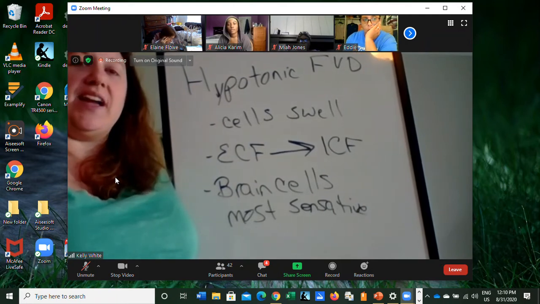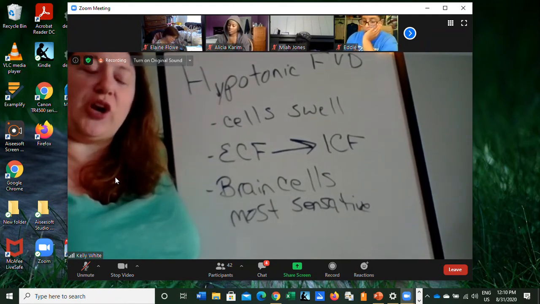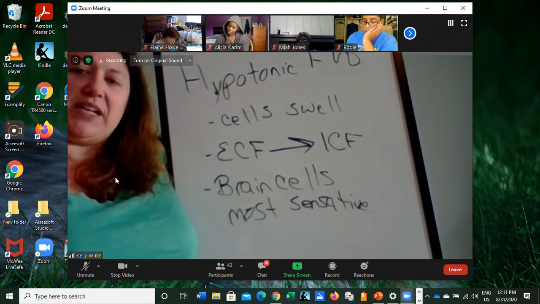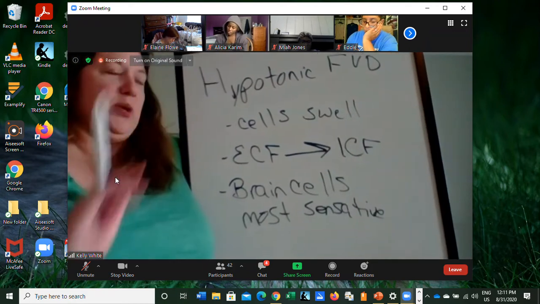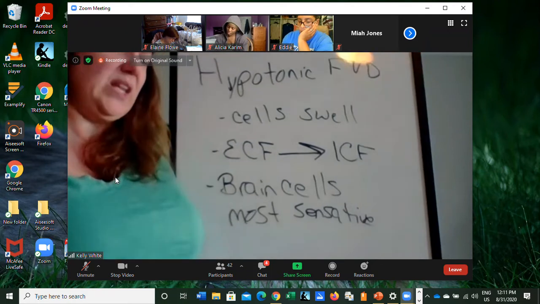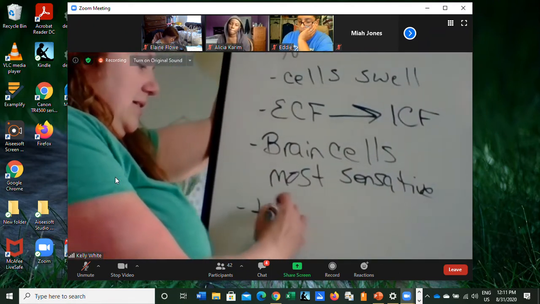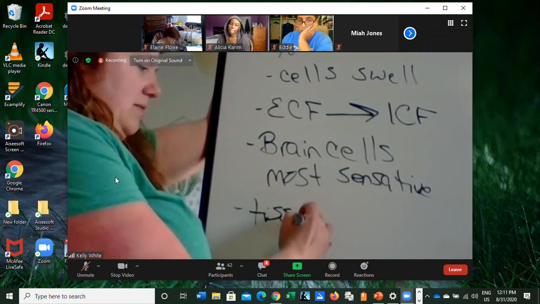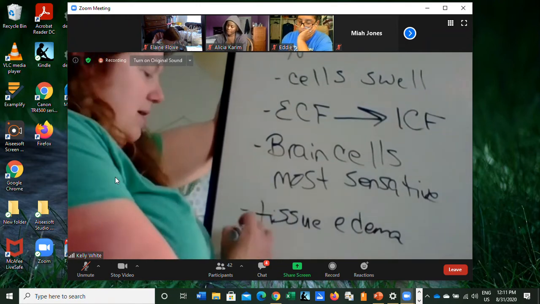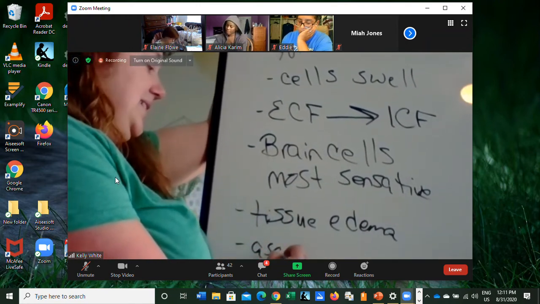You're going to see more confusion and more neuro symptoms in your patients that have hypotonic fluid volume deficit. Okay. With these patients, you're going to see tissue edema, if they have buildup in their abdomen, you might see ascites.